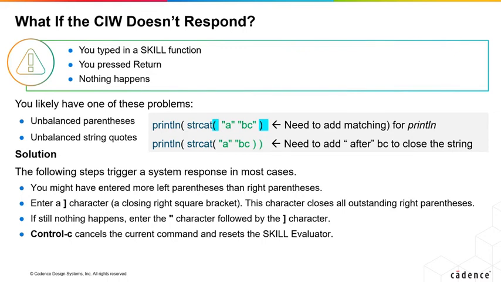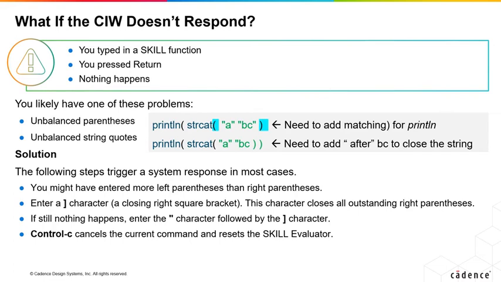Somehow you've got unbalanced parentheses, meaning when you've hit return, skill doesn't think you're done entering the command because it doesn't see the correct closing parenthesis for the function or functions you're entering. Or possibly you've entered a string quote and then not closed that string quote. So as far as skill is concerned, you've got a string that has not been closed and therefore is not ready to be evaluated.